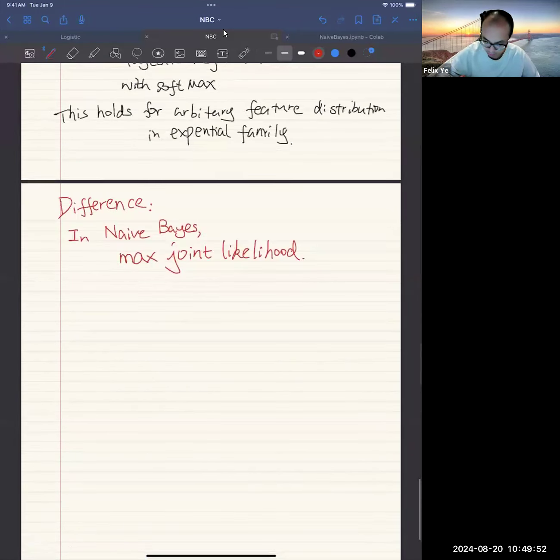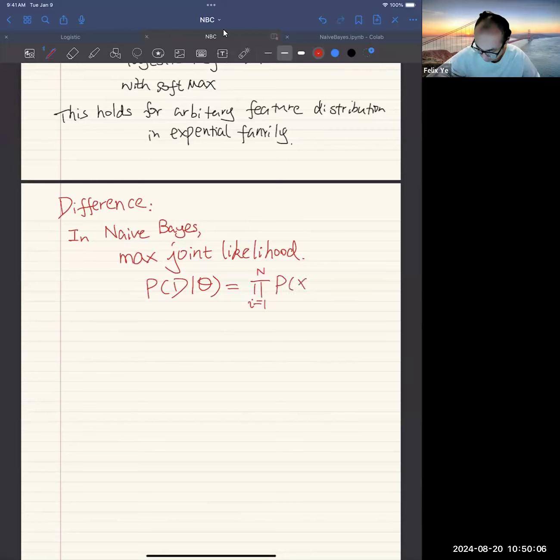So this is joint, and the likelihood is probability of D given theta, which in this case is the multiplication from i from 1 to n of p of x_i and y_i given theta.